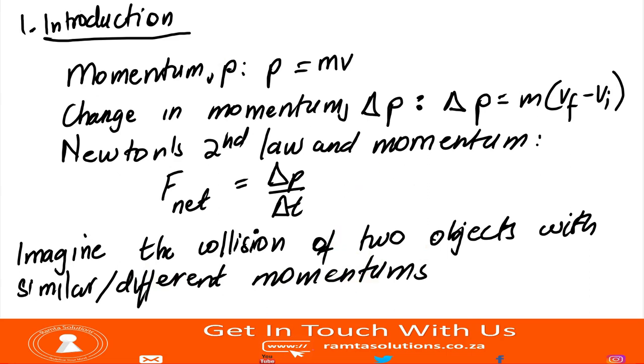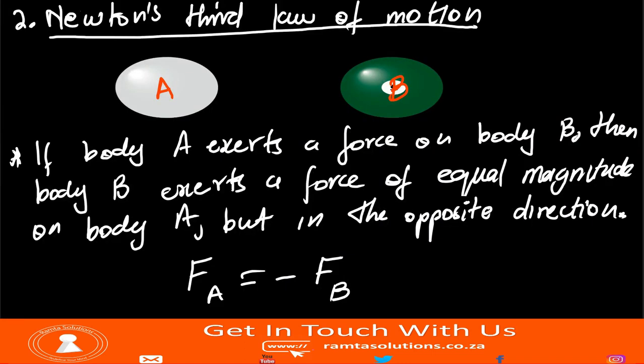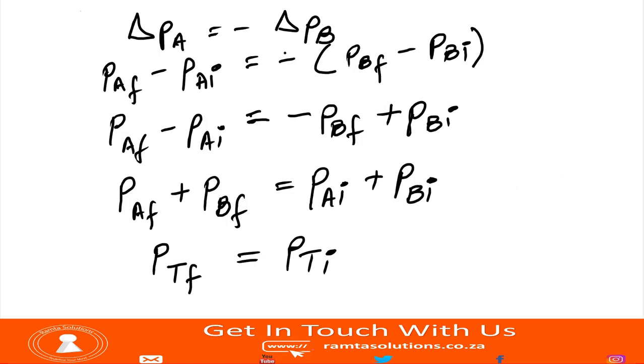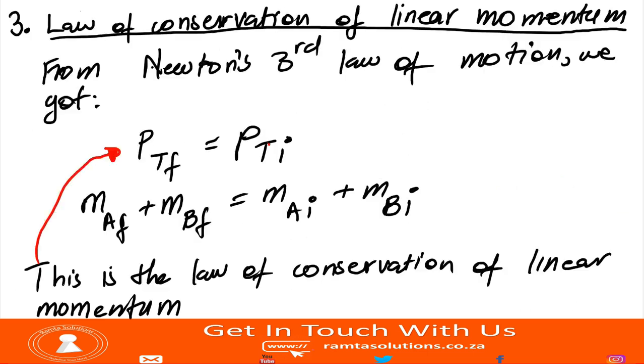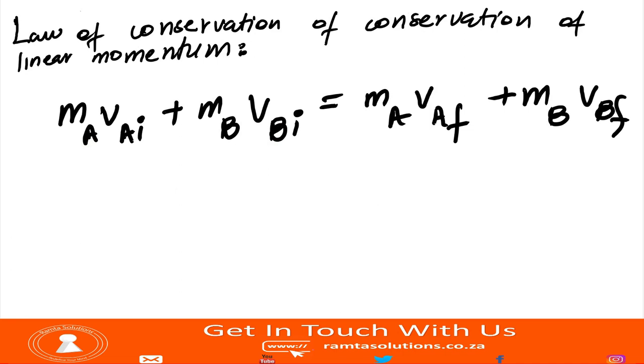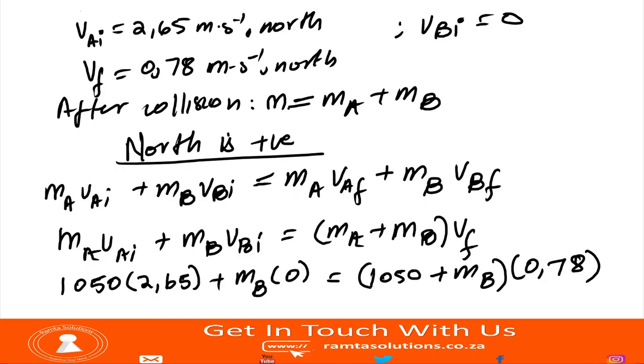We have done Newton's third law of motion, which led to the derivation of the law of conservation of linear momentum. We have done some examples as well. I think we are good to go.